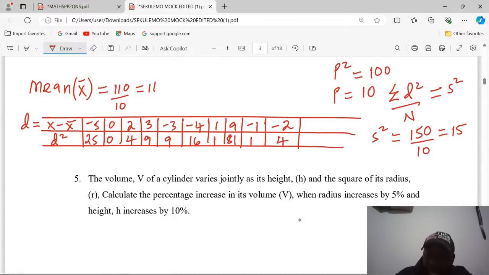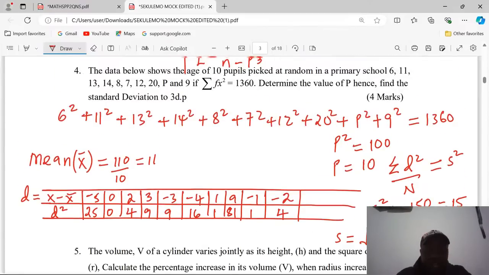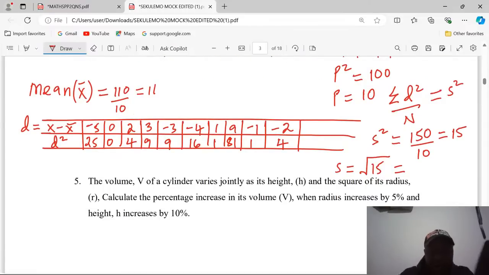For me to get standard deviation, I should get the square root of variance, because variance is s squared. So s will be the square root of 15, and I must adhere to the accuracy of 3 decimal places.